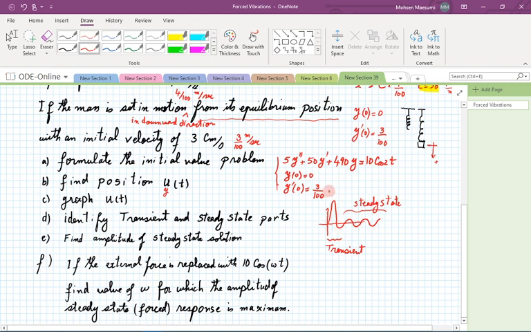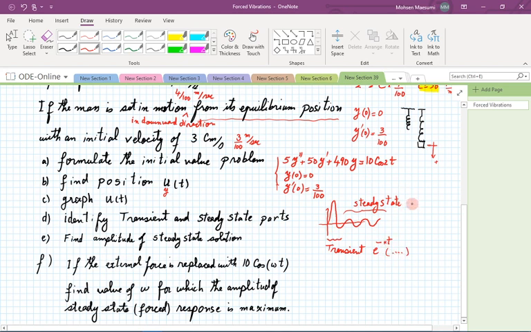It's not going to persist forever. So you see a spike or something at the beginning, or a weird looking graph, and then it just becomes a nice sinusoidal. So that's what this one is referring to. Once you find the solution, transient is what has exponential of negative something times t in it. Okay, so that's the transient part.